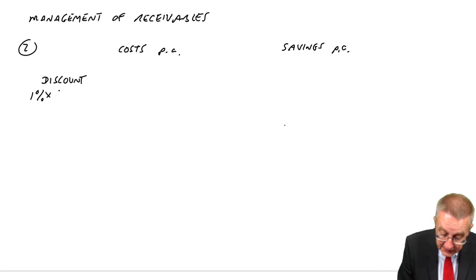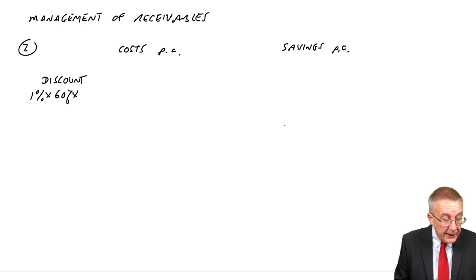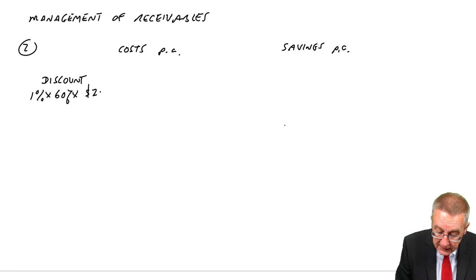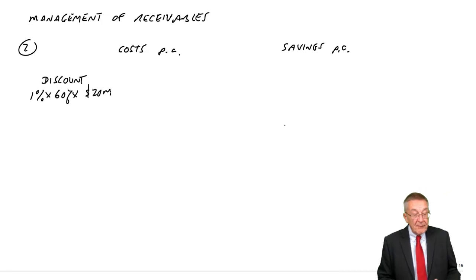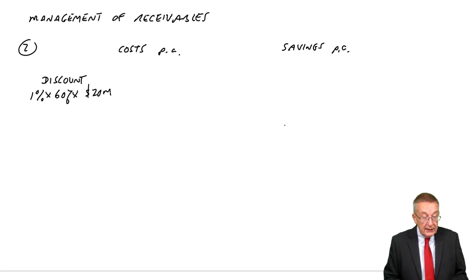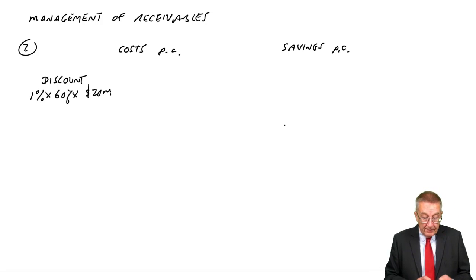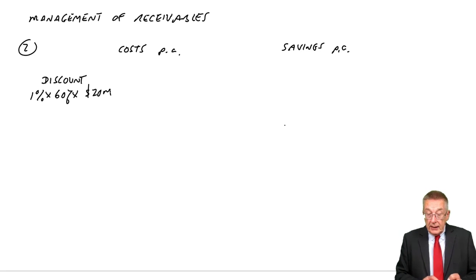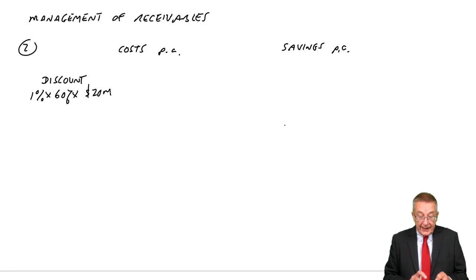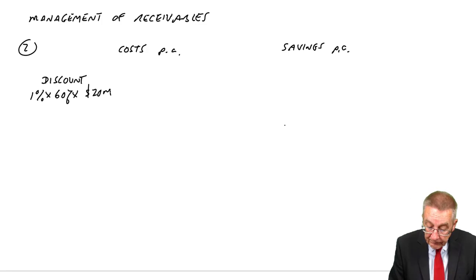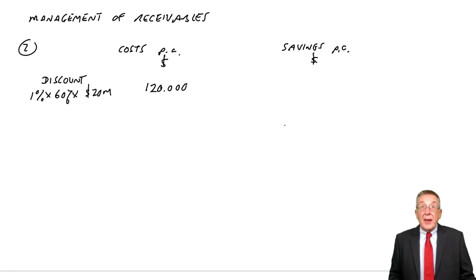Well, 60% get the discount, 60% over the year of sales of 20 million. So on 60% of our sales, we'll have to lose that 1%. So 60% of 20 million, 12 million, 1%, is 120,000. So that's the cost to us over the year of giving the discount.